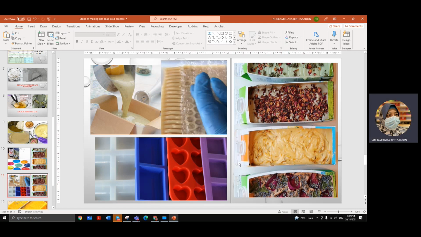To decorate your soap, you can use anything. You can use this bubble plastic. Or you can just play around with the soap that you have made using forks and spoons, so that you can produce certain shapes. This is like having a marble cake.